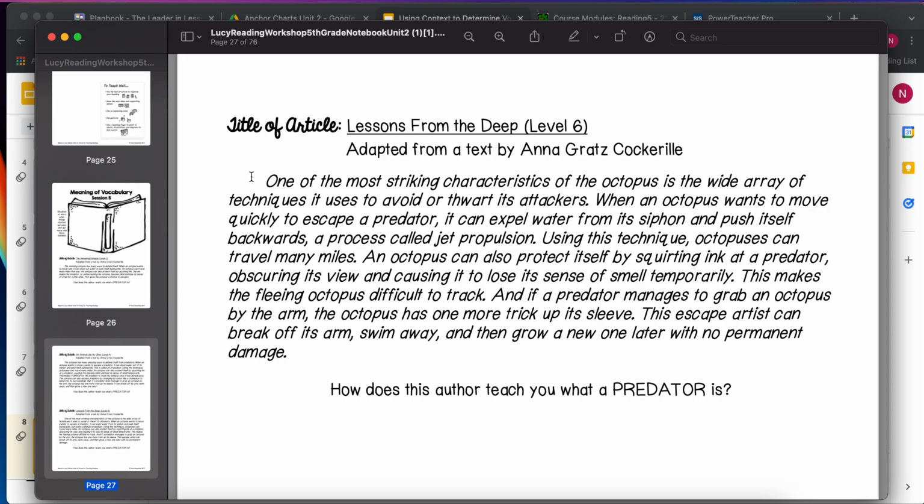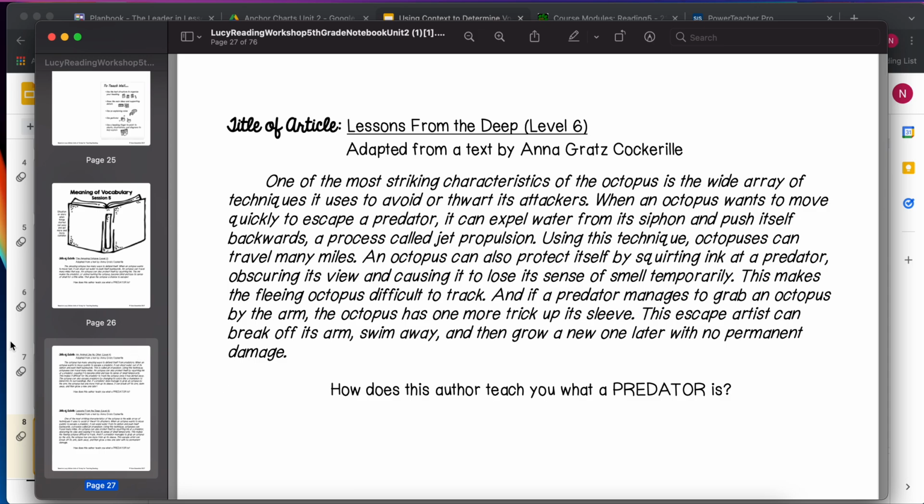So the author is spending less time on helping us understand the terms and more time focused on the message that they're trying to get across. So we would probably say the main idea is that the octopus has lots of defenses, lots of techniques for getting out of danger. And since they're focusing a little bit more on that, they're using less effort and less time to help us understand what those words mean. They're kind of assuming that we already know what those words mean.